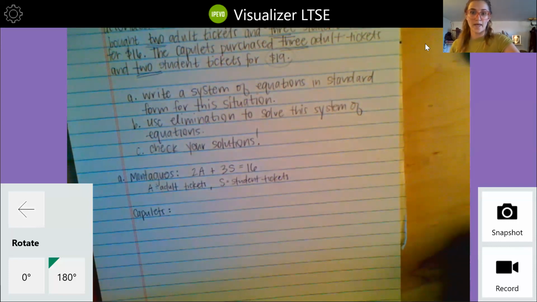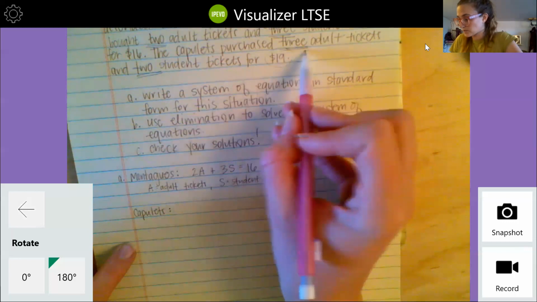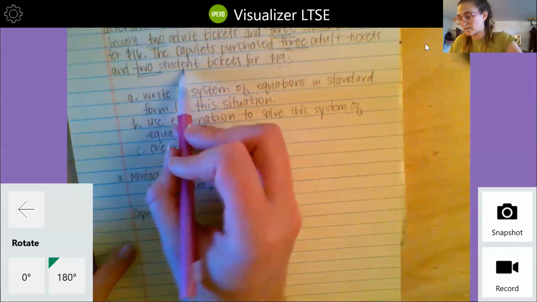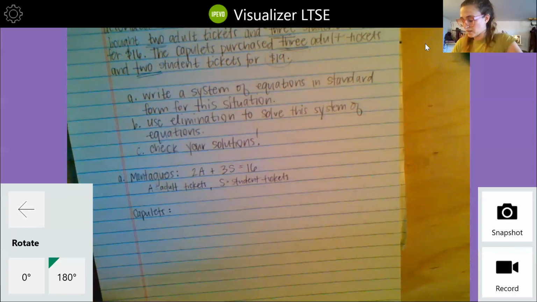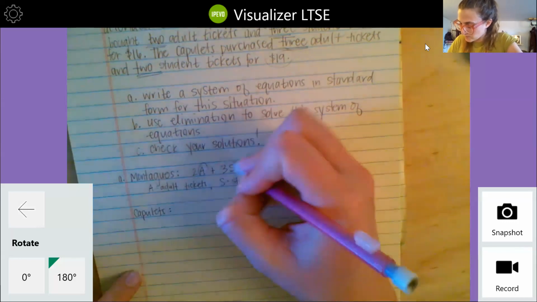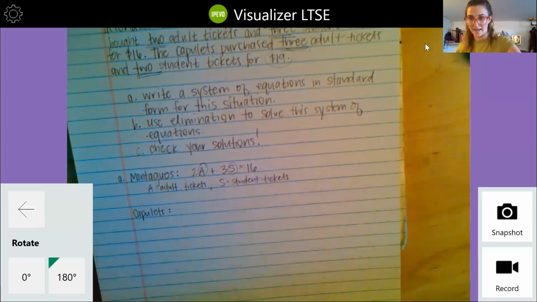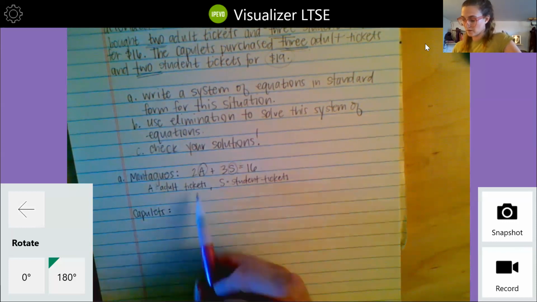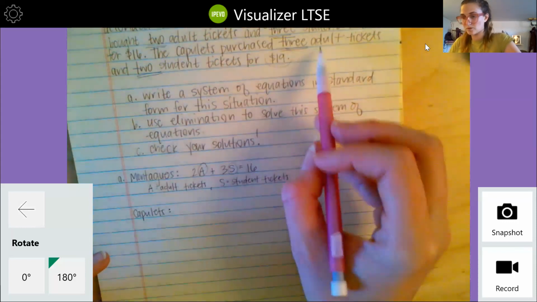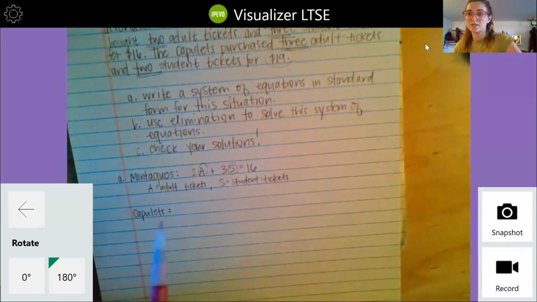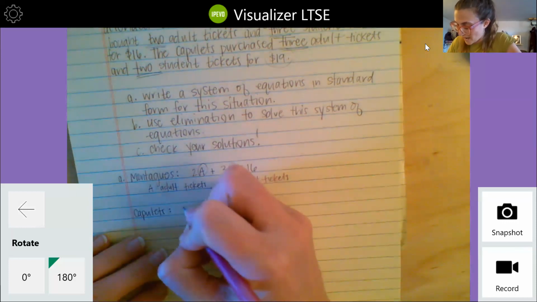So when we are writing the equation for the Capulets, again, we have 3 adult tickets that we want to buy and 2 student tickets that we want to buy. These variables are standing in for the price of 1 ticket, okay? So if I were to buy 3 adult tickets and A was equal to the cost of 1 ticket, then I would need to multiply A by 3.